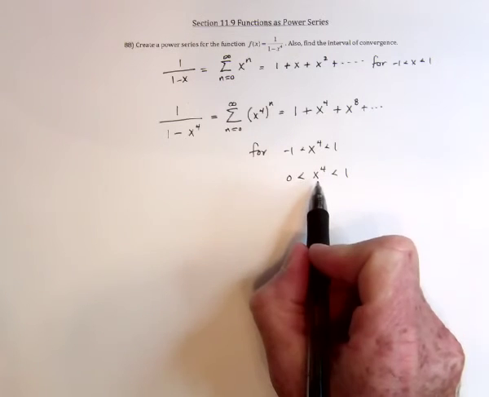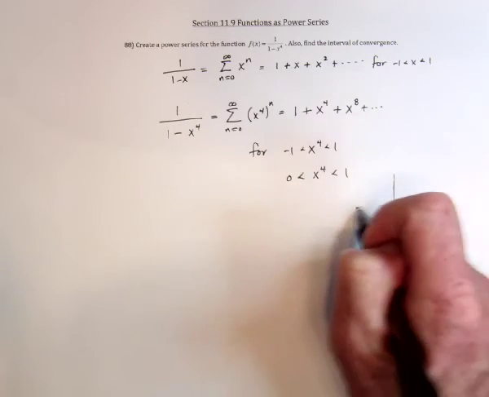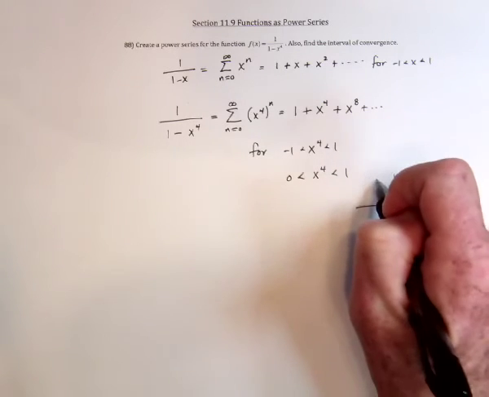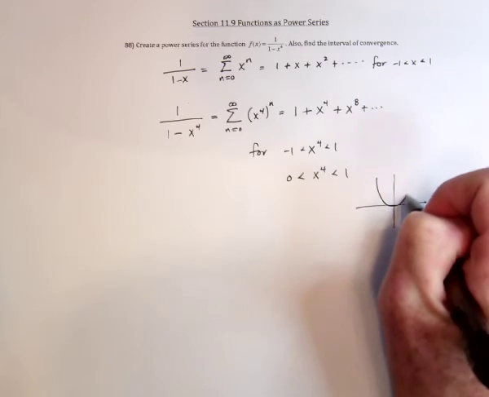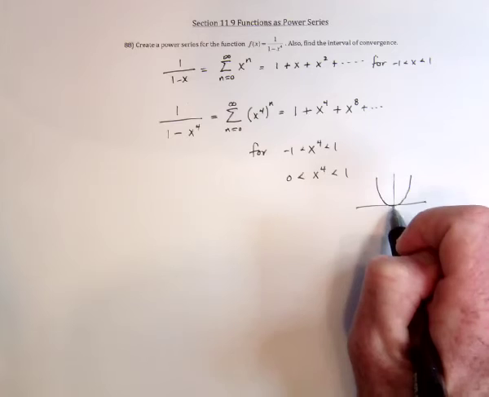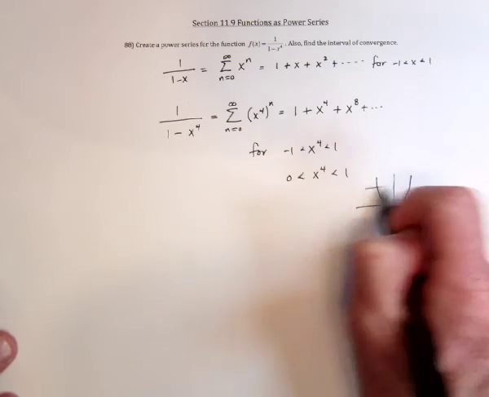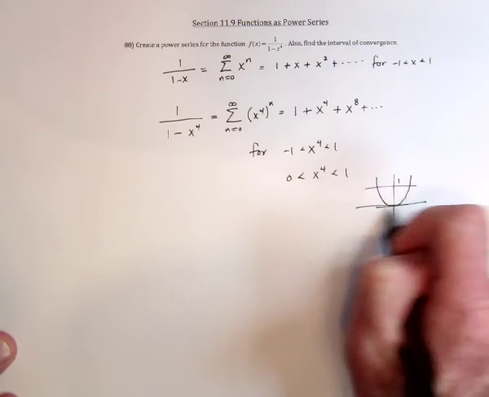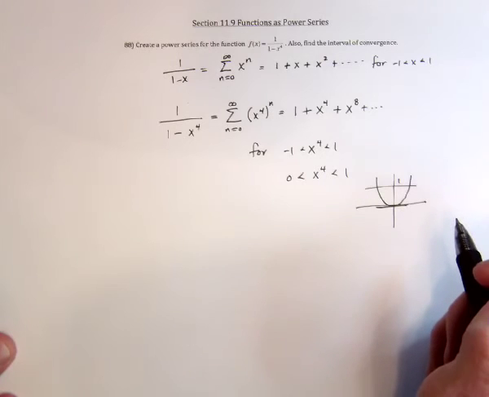another way to look at this is take a look at the graph of y equals x to the fourth. This is going back to pre-calculus right now. So you take a look at its graph, it looks sort of like a parabola, and this is saying it needs to be between 0 and 1. So here's a height of 1, here's a height of 0, and then what x values does that work for?